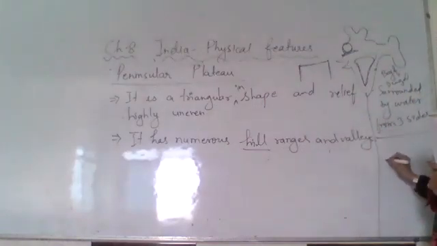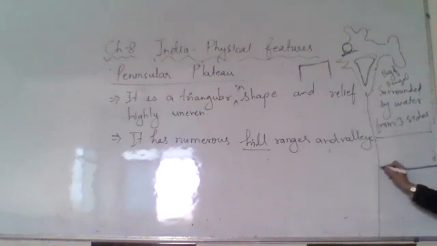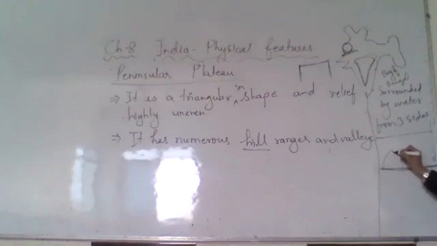If you see, this is the sea level. All the height is taken from the sea level, mean sea level. Hill has a peak, but it is always smaller than mountain.